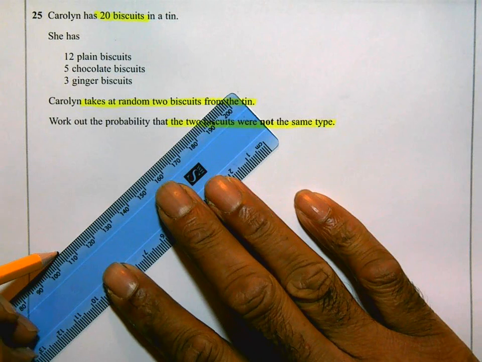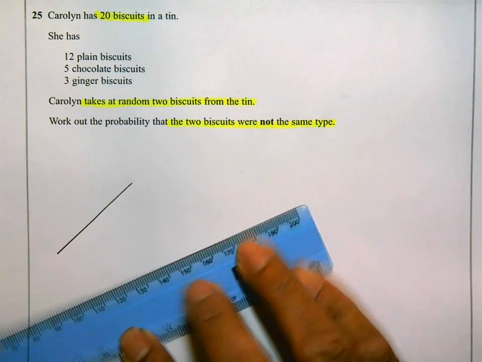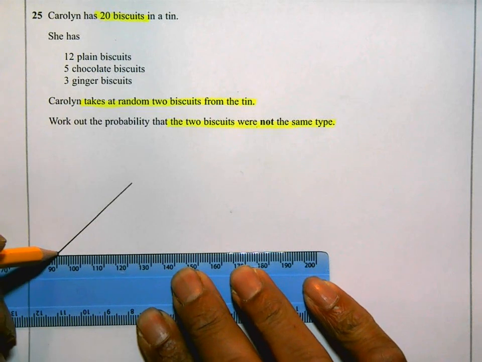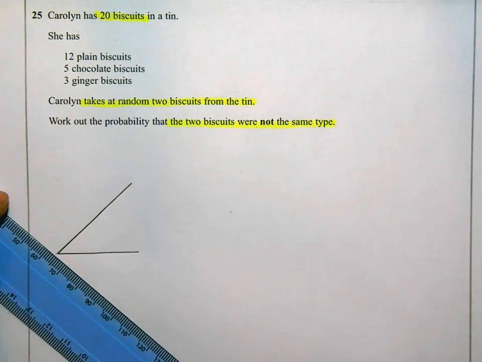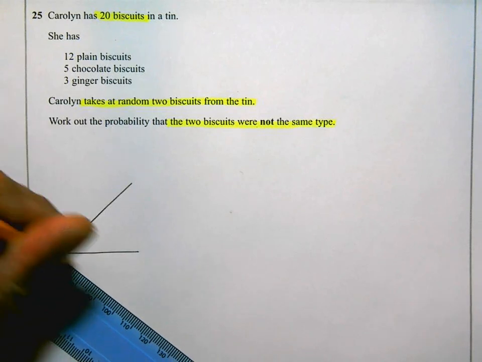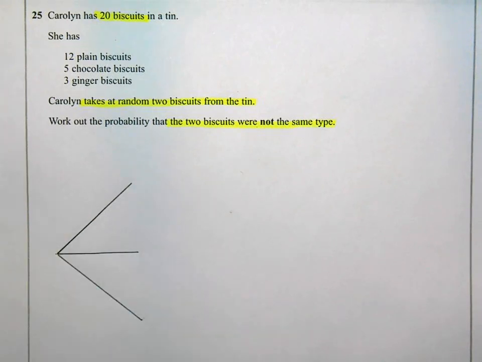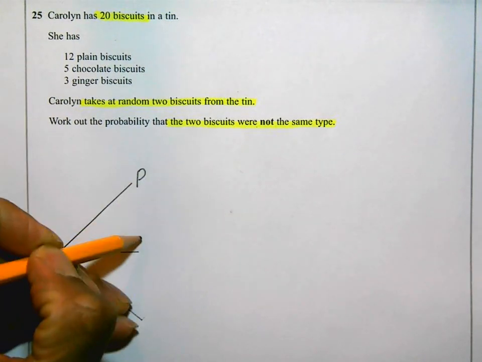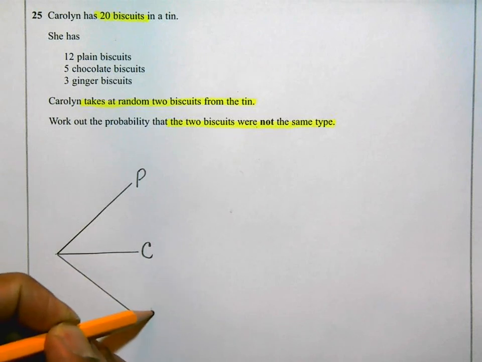If I start off there, I have my 3 possibilities. You could do this freehand, and sometimes it may well be better or quicker to use it freehand. In fact, I think I'll do the next part freehand. We have plain biscuits, chocolate biscuits, and ginger biscuits.